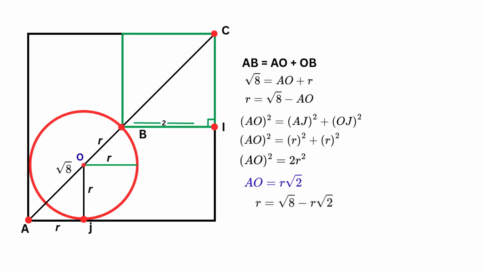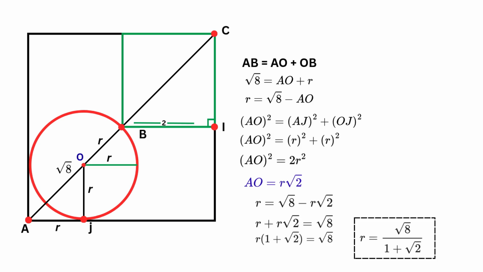Move this to the left side so it becomes R plus R times square root of 2 equals square root of 8. Taking R common, it becomes R times (1 plus square root of 2) equals square root of 8. Or R equals square root of 8 divided by (1 plus square root of 2).